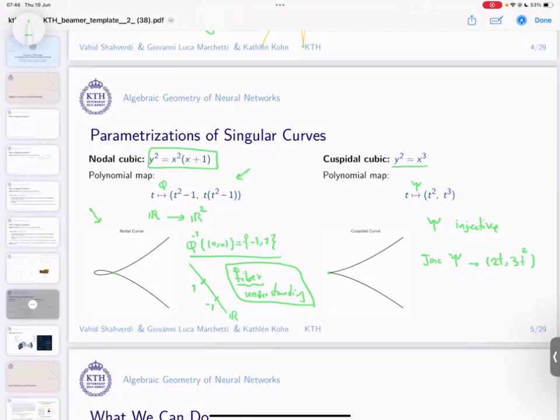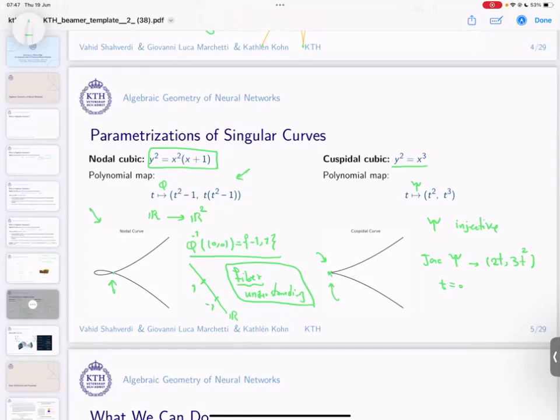If you look at t equals 0, the rank of the Jacobian drops. And because of that, we get this infinite curvature here. So we get a singular point caused by critical points of the parameterization, even though psi is injective. And the type of this singularity is very different from the type of singularity on the left.